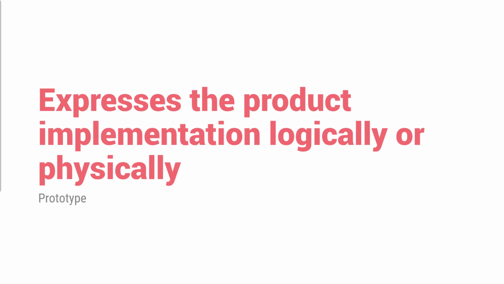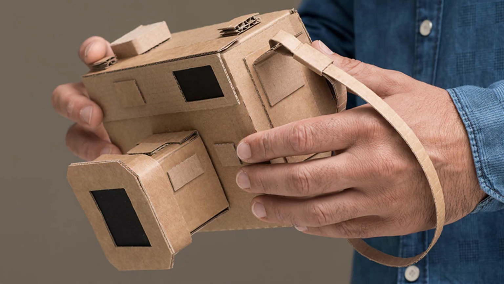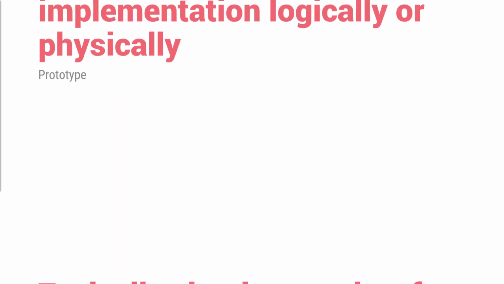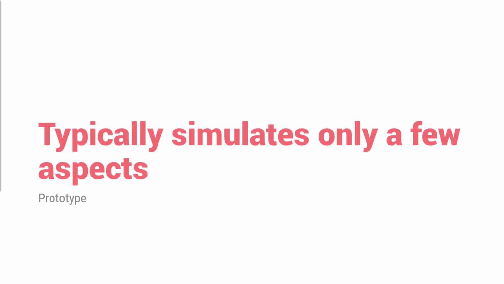We want to see if a product of this kind and this size is okay. For example, with a camera as our example, the physical device, when I hold it like this, is the button okay at this spot? Or is the ergonomics okay when I use this device, the user experience? That is what we mostly test, expressing the product implementation logically or physically. Prototyping typically simulates only a few aspects and may be completely different from the final product.